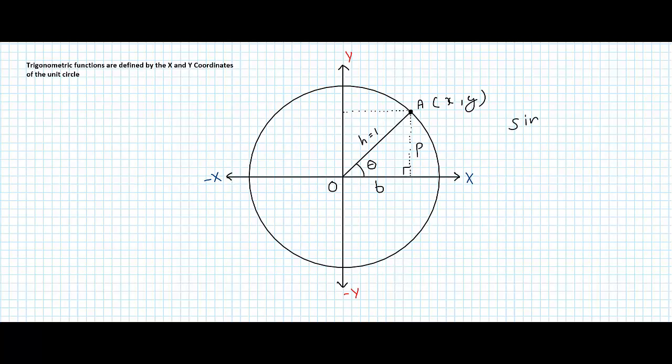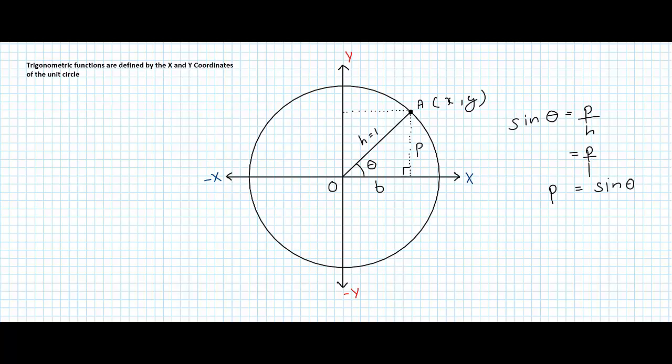Sine of theta is nothing but the perpendicular upon the hypotenuse, which is P over 1, because the value of hypotenuse is 1. So P equals sine theta. The value of this length is sine theta.